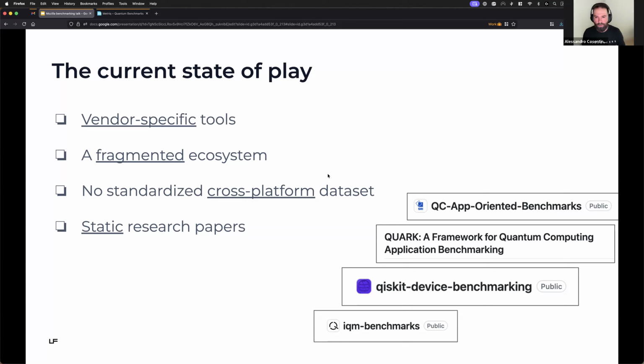So some of those screenshots on the bottom right that you can see here are actually GitHub repositories of suites of benchmarks that are made public to everyone by vendors or by research groups.